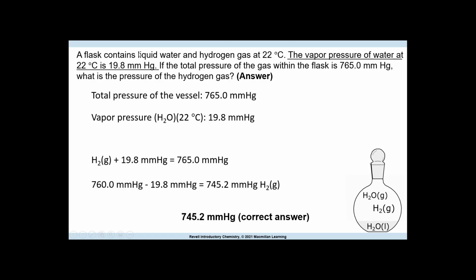So here it tells you the total pressure of this vessel is 765.0 millimeters mercury. In this sentence, which I underlined, the vapor pressure of water at 22 degrees Celsius is 19.8 millimeters mercury. Now, this is telling you everything you need. They have a chart, and the chart will tell you the vapor pressure of water at different temperatures.